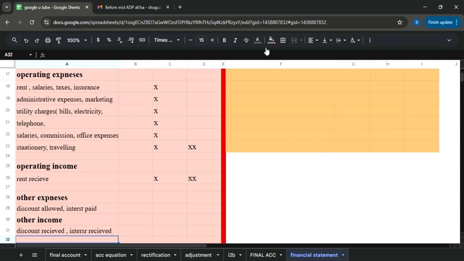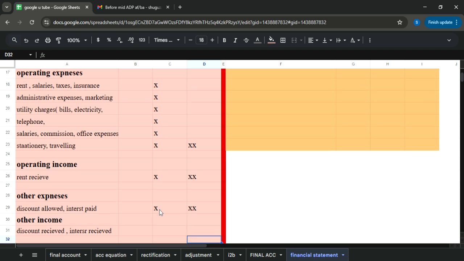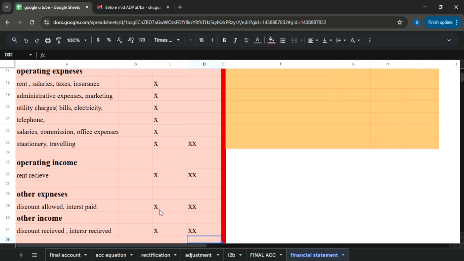You will calculate the sum of all other expenses over here, and finally this sum would be put at this side. Then you will calculate the sum of all other income and you will put it over here.